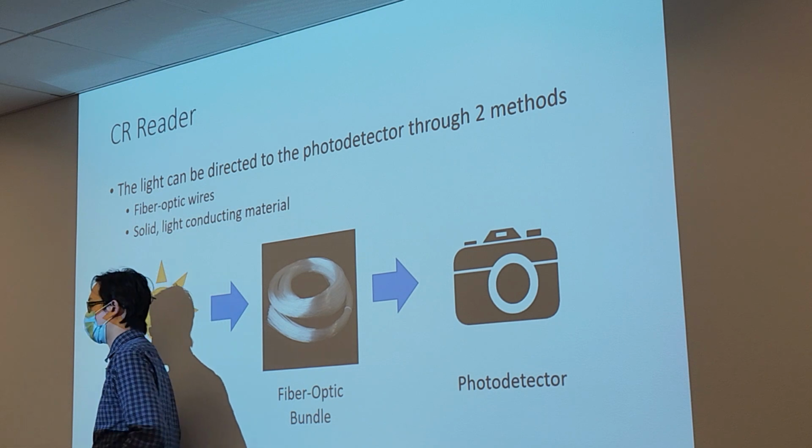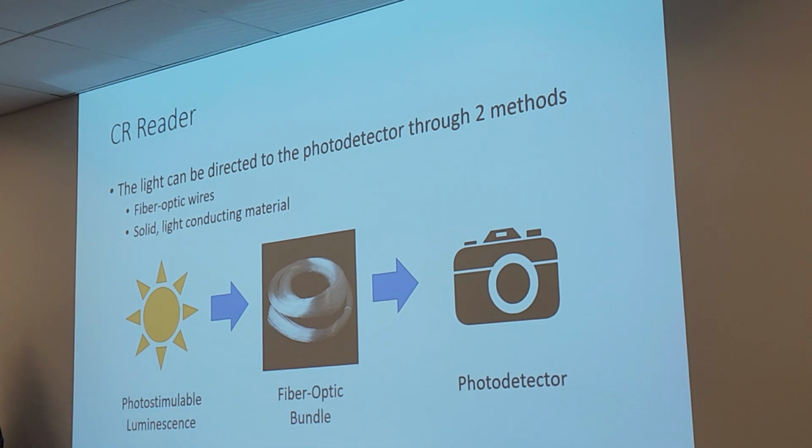A photodetector is a very fancy name for a camera. It takes in light and creates an electronic signal. It turns light into an electronic signal.